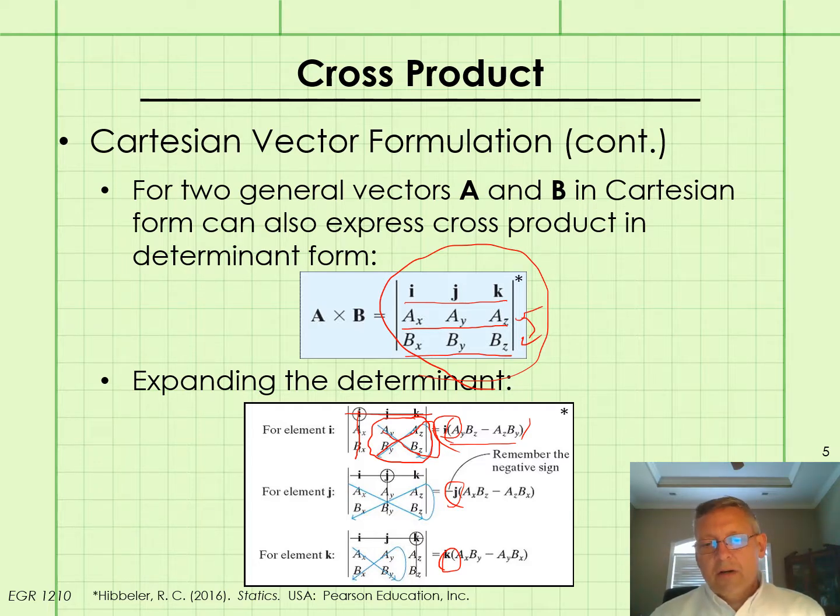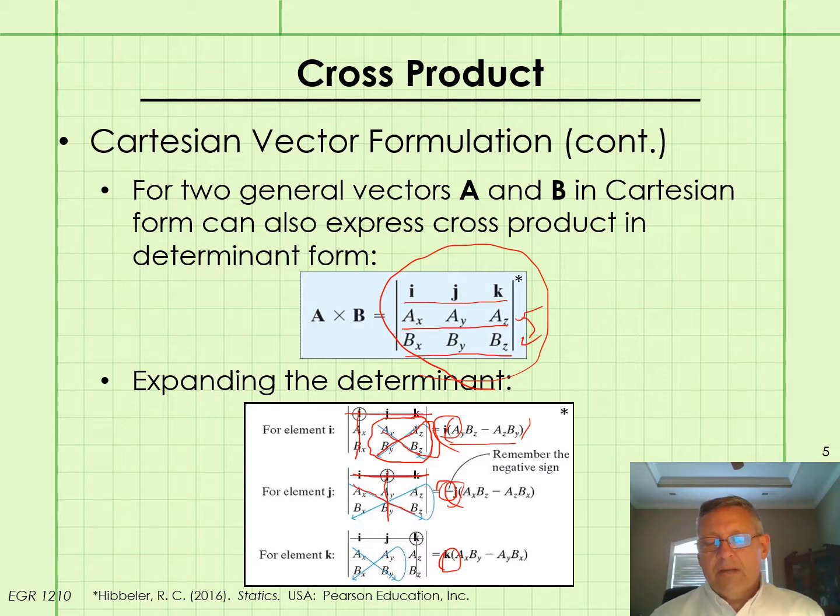Okay, the J term is going to have a minus sign in front of it already. That's a given based on the definition of the expansion of a 3x3 determinant. And to find the minor of J, we're going to cross out the row that contains J and the column that contains J, and then do the same multiplication and subtraction.